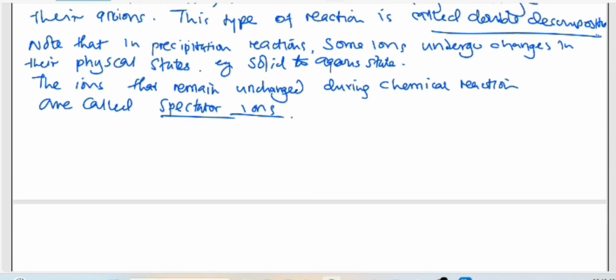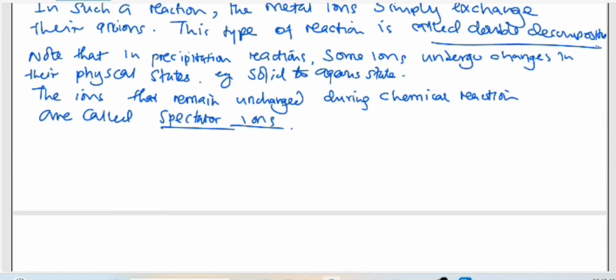Now, during the reaction of these two soluble salts, they will lead us to what we call ionic equations.